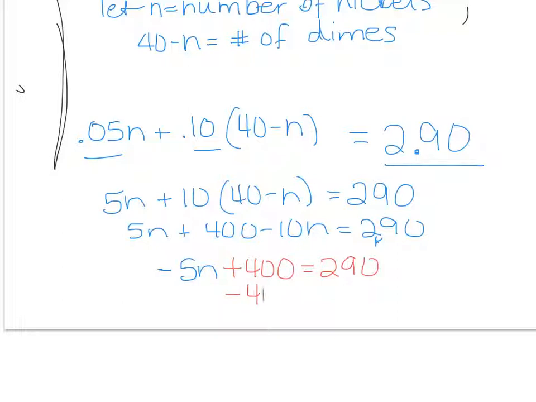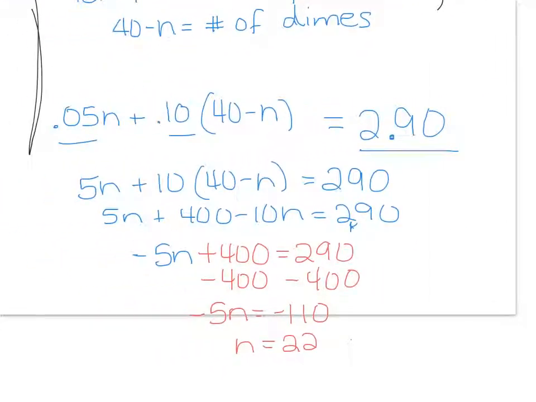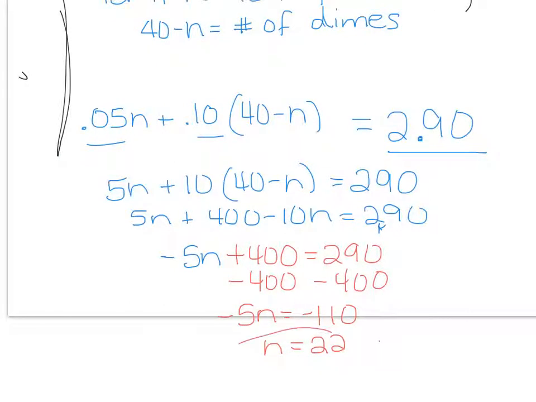Subtract 400 to the other side, and we get negative 5n equals, what is that, 110? Minus 110. So then n equals 22. All right, so I go back to the question, which said how many nickels are there? So I've got my answer. There were 22 nickels.